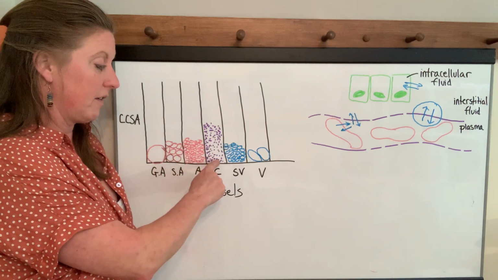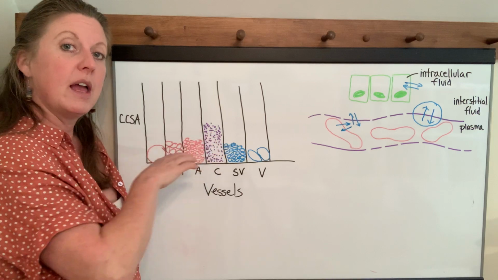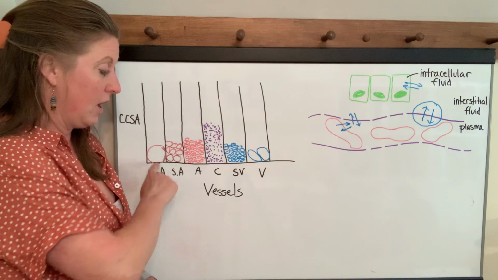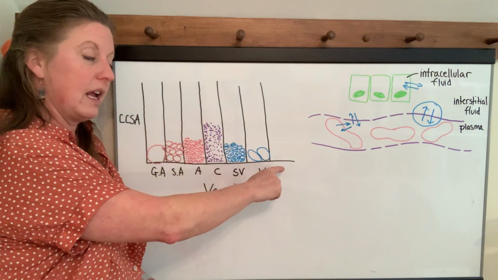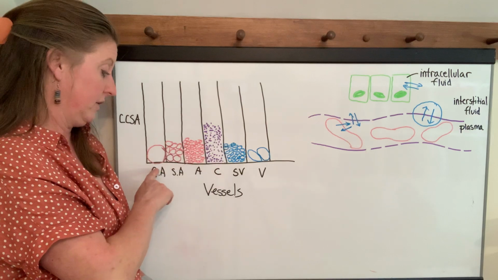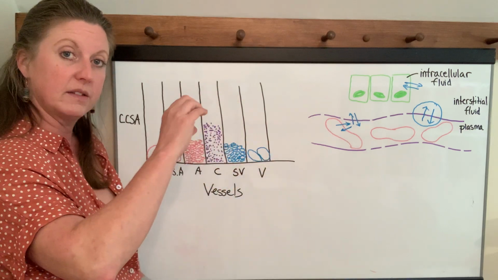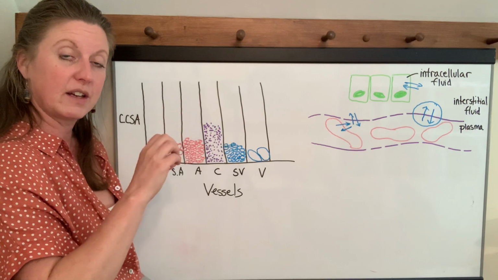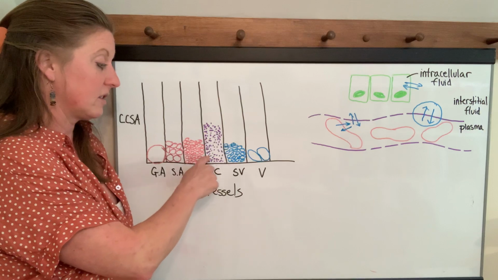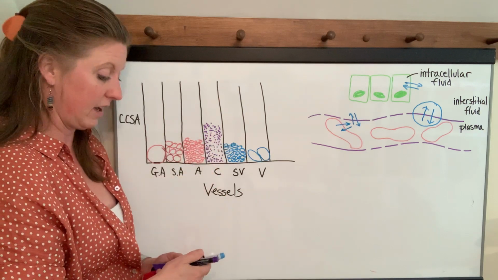But over here, I've got more space for the blood to spread out, and so I can get 5 liters of blood through much slower. So the greater the cross-sectional area, the slower the flow. So the flow is fastest here and here because the combined cross-sectional area is lower. And it is slowest here where we have the greatest cross-sectional area.